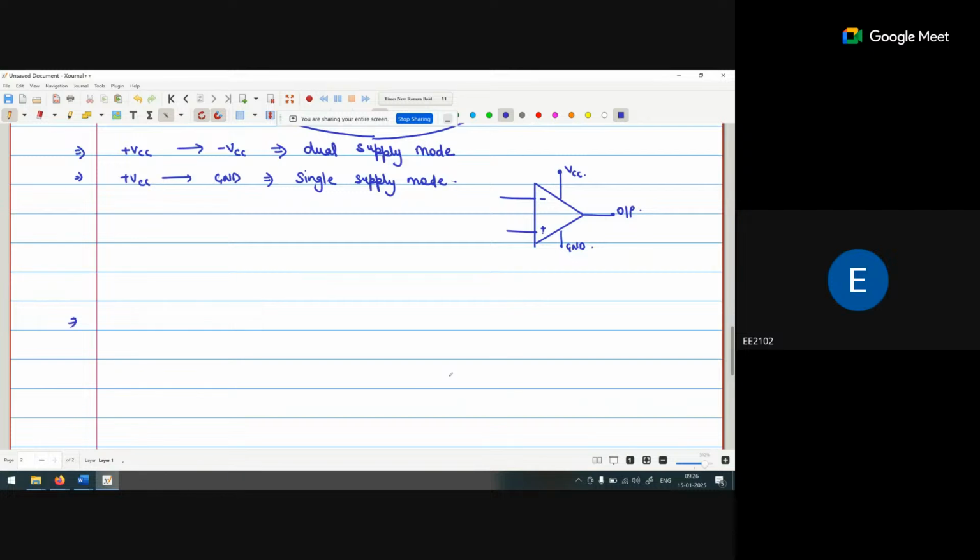Now, if we go to the internal part of this operational amplifier, it is somewhat like this: VCC, minus VCC, the minus and plus inputs, and internally there is one resistor.